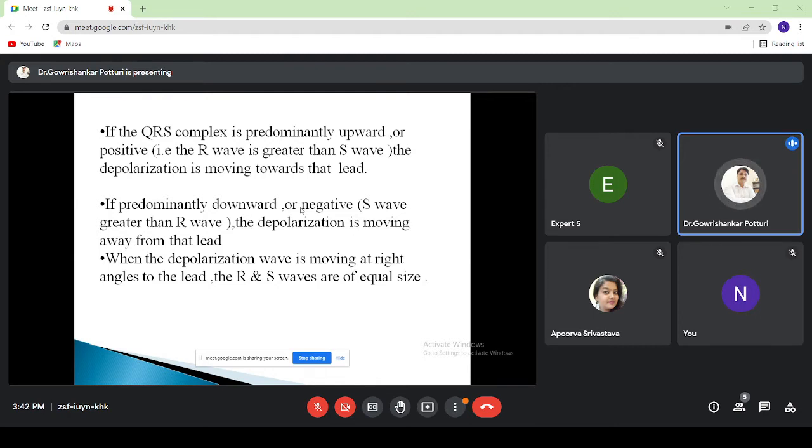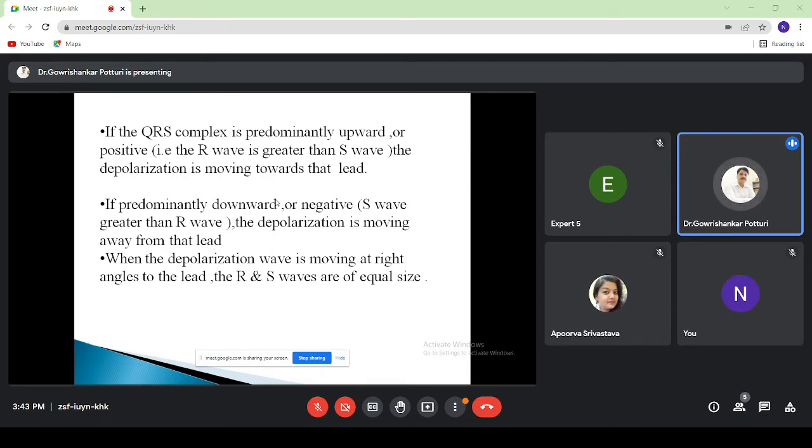If the R wave is bigger than the S wave, the wave is moving towards that lead. But suppose this type of QRS complex is seen in lead 1, it indicates that the wave is moving away from lead 1.